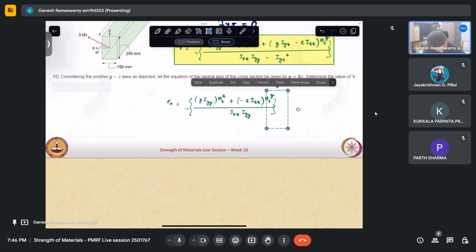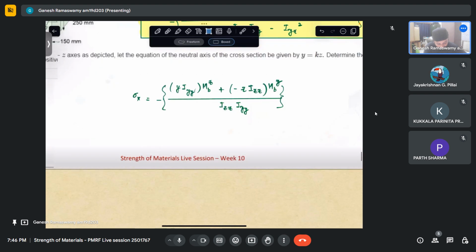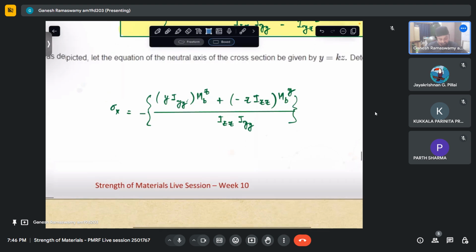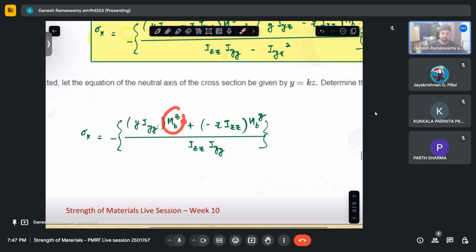So this is what sigma x is now. Now Iyy and Izz we know, we can calculate for the rectangular section. Now we just need to calculate what the bending moments are about z and about y.